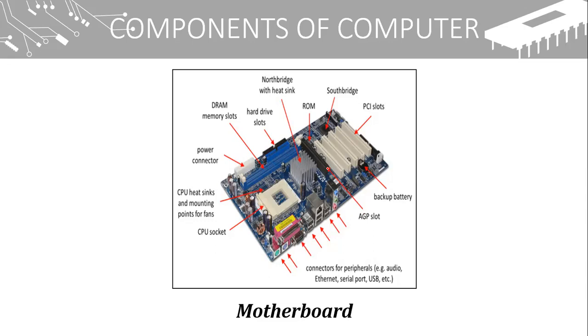And you also have the backup battery, which we know as the CMOS battery. The CMOS battery is responsible for holding some information of the computer so that it continues working even when you switch off the computer. It's another battery, not the normal battery you use, maybe your UPS or the laptop battery. This battery is like the battery of a watch.